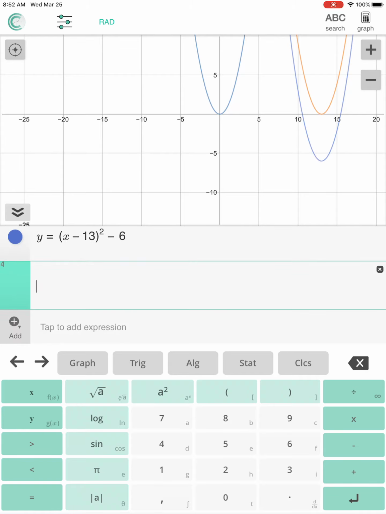See how that moved it 6 units down? And now, if you see that I want to reflect that across the x-axis, what I want to do is flip it over. So I want a reflection of that. So what I want to do is y equals the opposite of the whole thing, like we did on our paper, because we're reflecting across the x-axis.